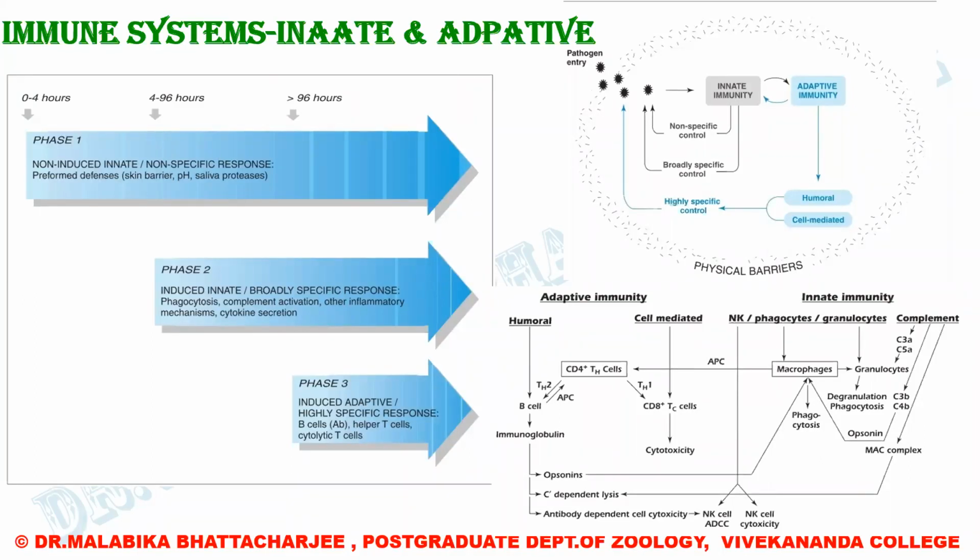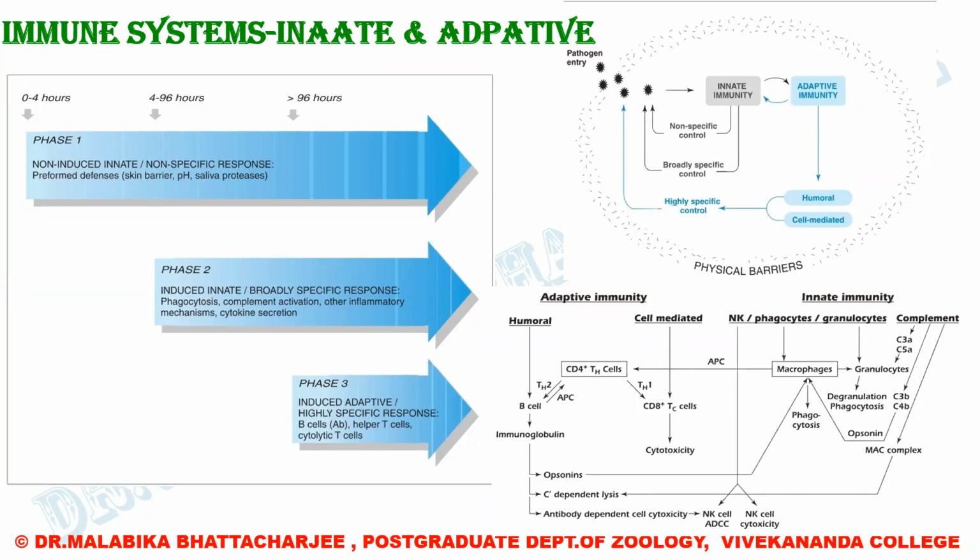However, upon future infection by the same pathogen, memory B and memory T lymphocytes remaining in the body after the primary exposure are induced to respond as early as 24 to 72 hours after the second infection. So phase 1, phase 2 and phase 3 in a nutshell describe the three phases through which the body's immune system moves when the body is exposed to a particular pathogen.